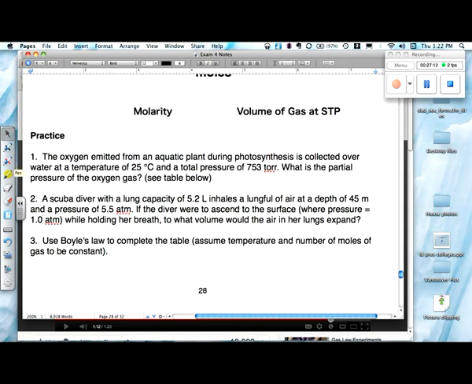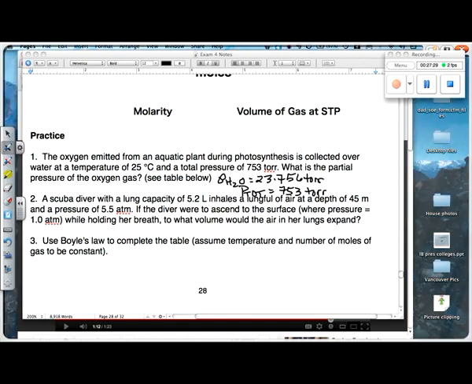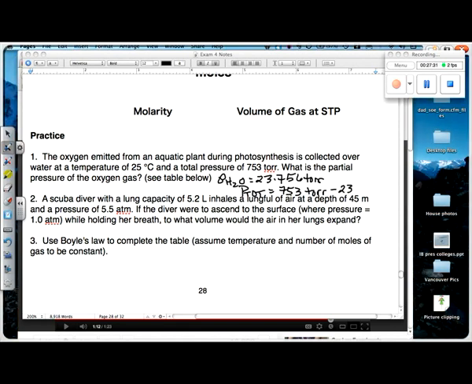All right, so before I forget it, the pressure of the water is 23.756 torr. All right, the total pressure is 753. So all I need to do is subtract off the 23.756 to get the pressure of the oxygen. Because remember that total pressure is the two added together.